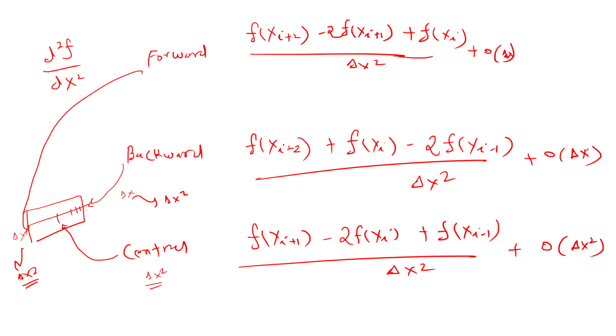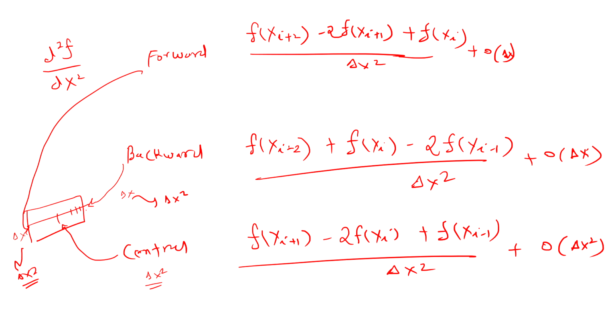That is an important point for people who do CFD. In most cases they apply central difference in the central nodes, but at the boundary to calculate the first derivative they do not go for a formula with order delta x square accuracy; they directly apply the formula with order delta x.